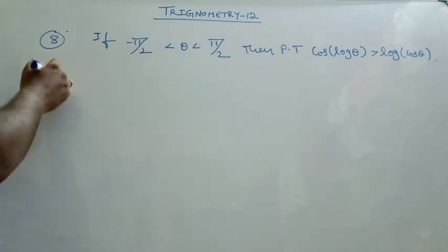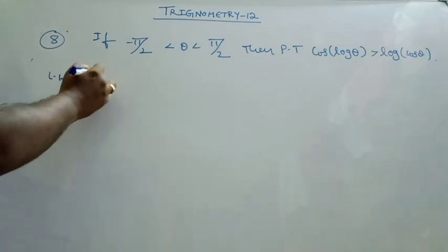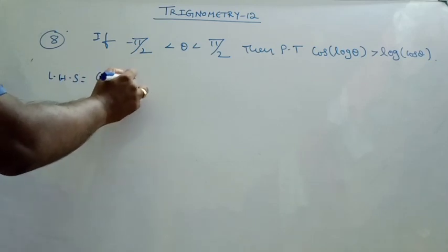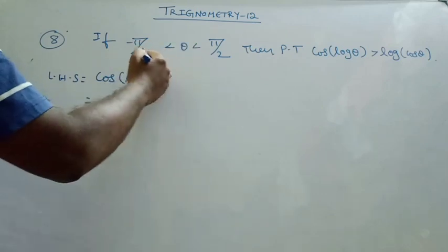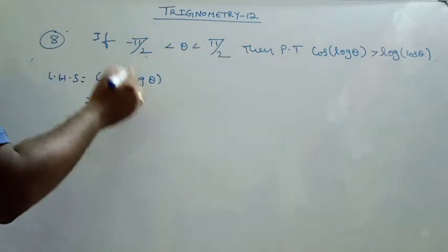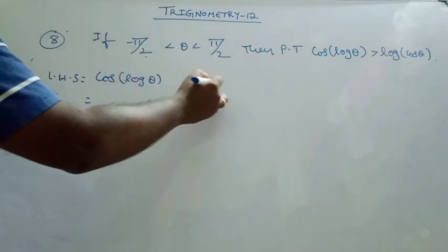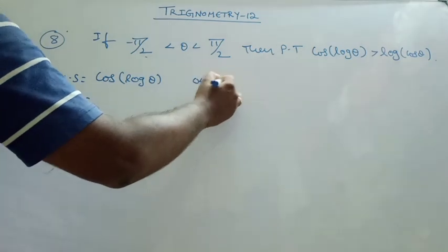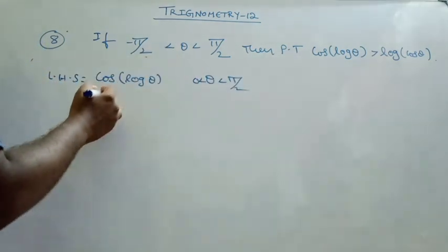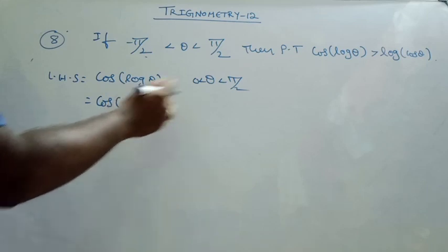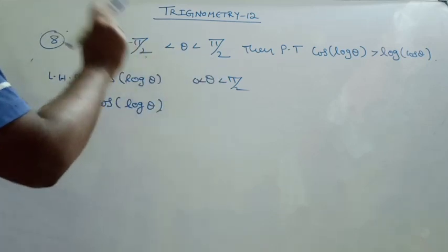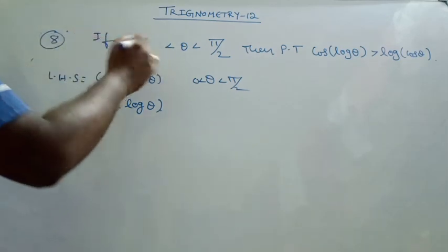Let us take first the left hand side part, cos of log theta. Theta is lying between minus 90 and 90, but logarithms are defined only for positive values. That means theta will be taken from 0 to pi by 2, so it will take only positive values.